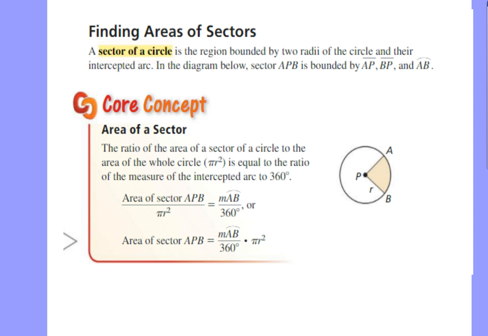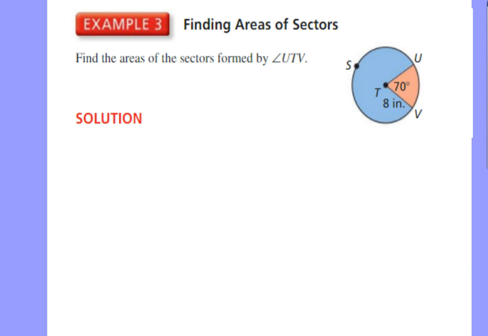So let's take a look here at an example of how we can put this into practice. It says find the areas of the sectors formed by UTV. So it wants all of our sectors. Let's take a look here at sector UTV, and then we'll look at our blue sector UTV in a second as well.